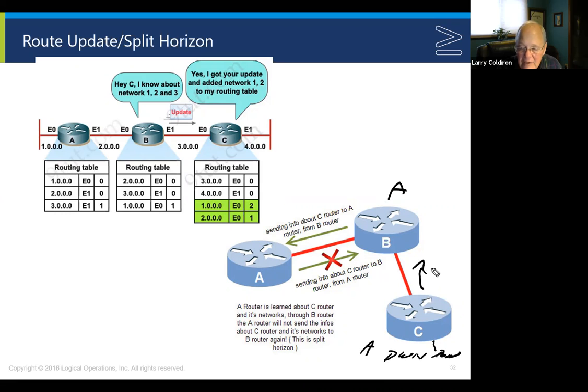Before it gets the update here, B says, hey, I can't get there. A would say, hey, I know how to get there, and it sends me back the information. So we would keep trying to send it to something that should be poisoned, creating a sort of loop.